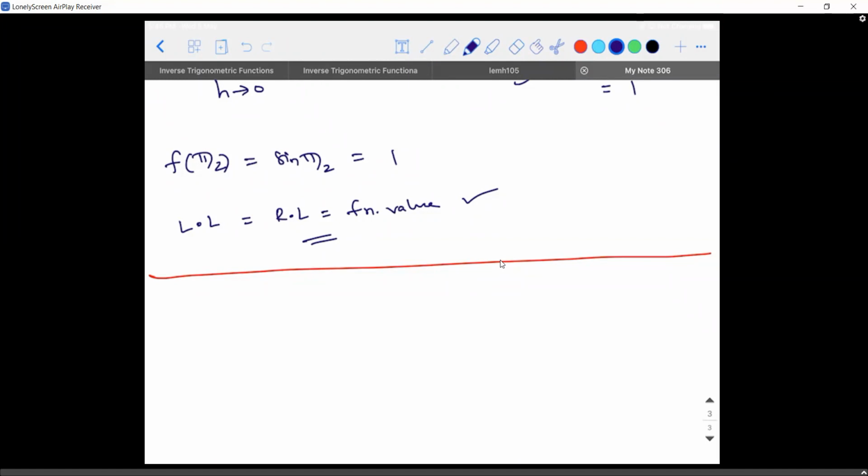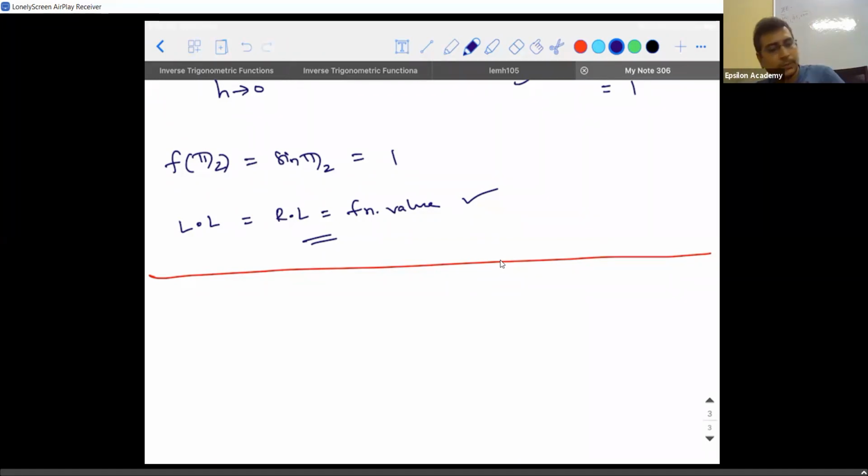Don't get confused. When you talk about the range, imagine finding range like an activity. In that activity, you're finding all the possible values of y that you will get by substituting all the values from the domain. If you are able to get all those values, you put them in a set. But here the concept is not that.